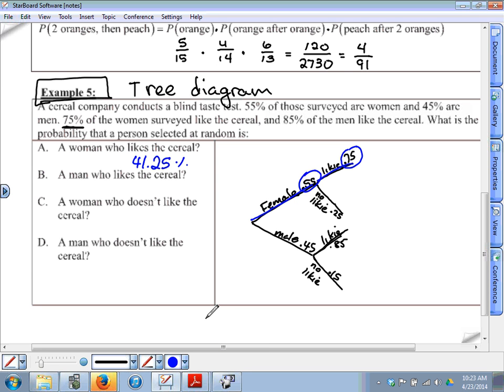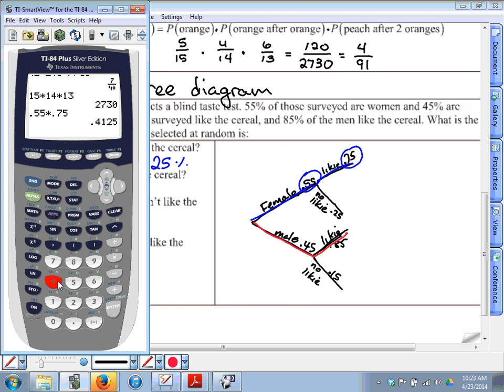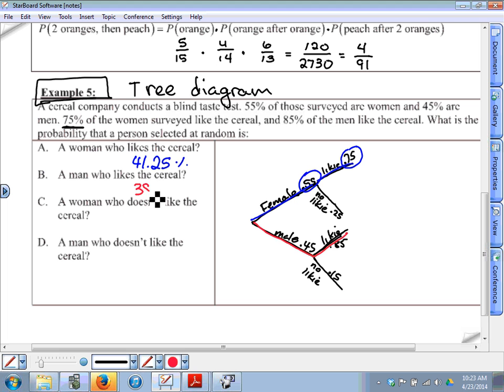And then the men would be 0.45 times 0.85. So the chance that you choose a man who liked the cereal, you'd have to follow that branch and that branch. So it'd be 0.45 multiplied by 0.85, so it would be 38.25.